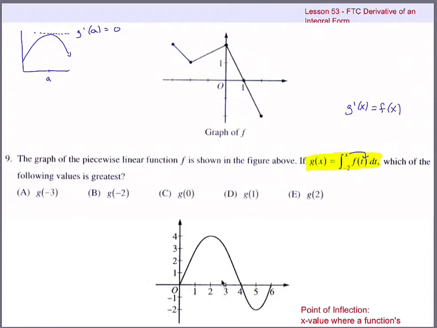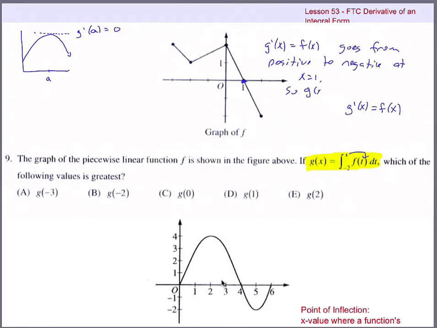And g prime goes from being positive to negative, because g has to go from increasing to decreasing. Well, looking at my graph of f, remember, g prime of x is f of x. So g prime of x goes from positive to negative when f of x goes from positive to negative, which happens right here at x equals 1.